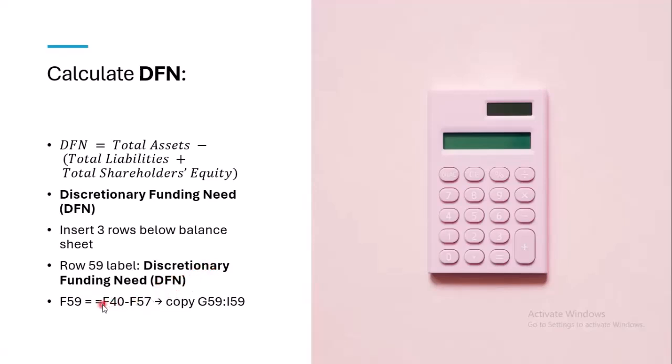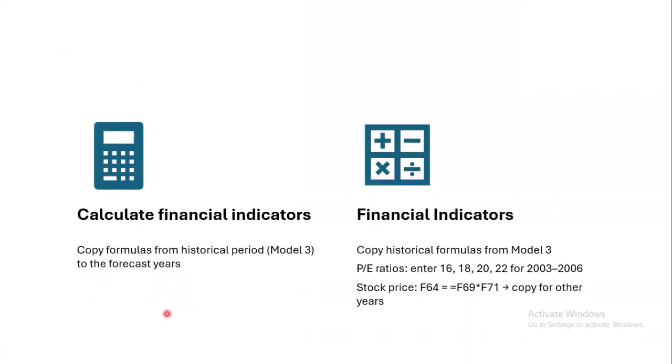And if you have to do this at some other time, you can just use my own references to guide how you arrive at your own output, right? After this, we're going to calculate financial indicators, very much the same way we did in model 3, right? And that's how we will close this up.